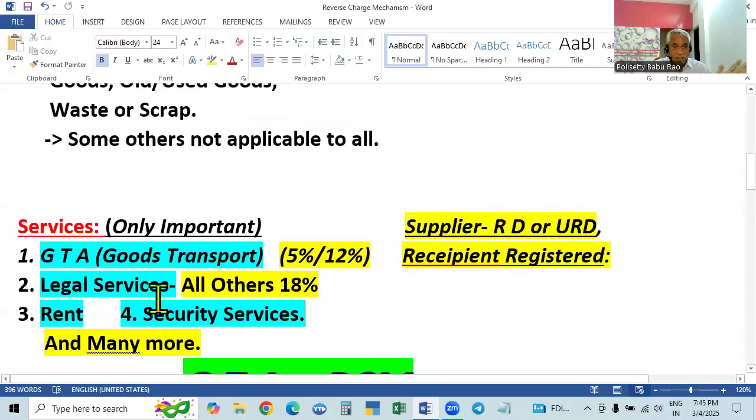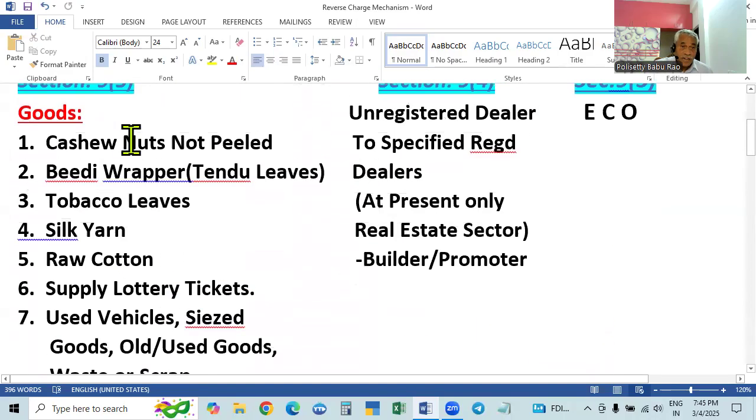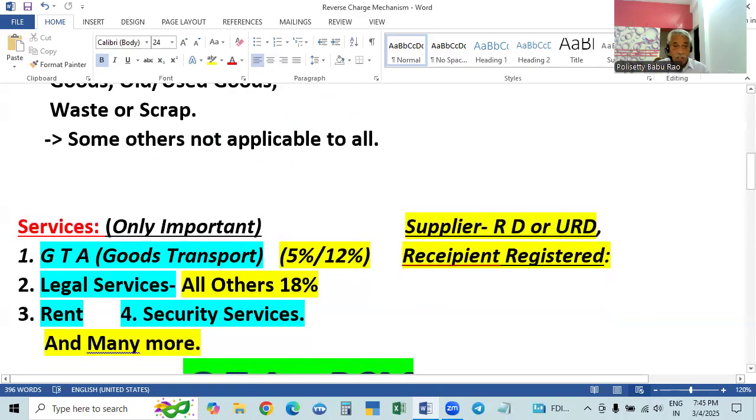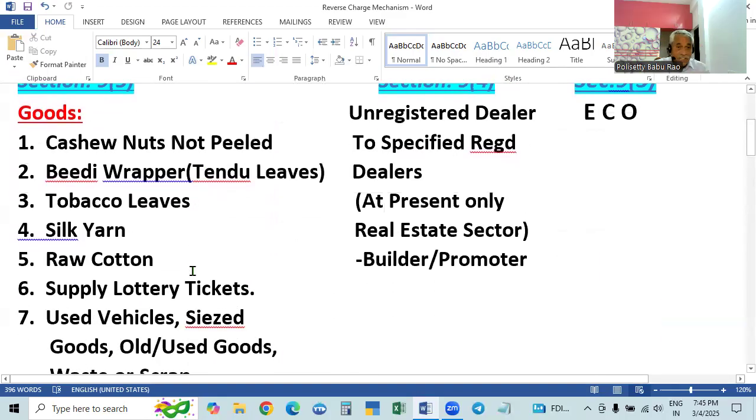In both cases, whether the supplier is registered or unregistered, this RCM is applicable. This dealer cannot collect tax. Unregistered dealer means GST is not applicable, so he cannot collect at all and cannot pay the government. So definitely RCM is applicable.